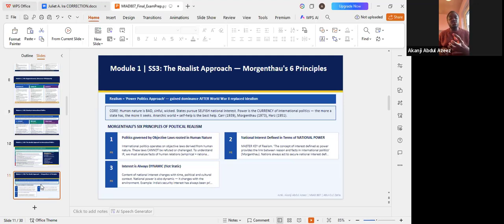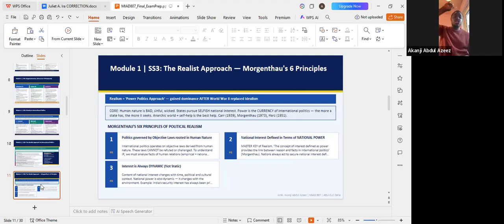Understand? So according to them, they have 6 arguments. They believe in systems, the realist. Number one is that human beings are selfish in nature. Understand? Number 2 is that states want power to survive.